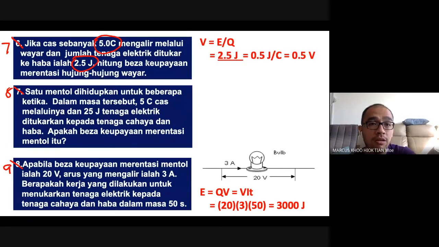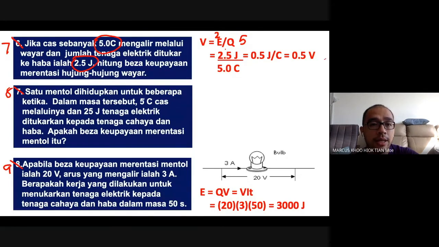So V equals E over Q. The Q is 5, the energy is 2.5. Sorry, 2.5 divided by 5. So you get 0.5 joules per coulomb, or 0.5 volts.